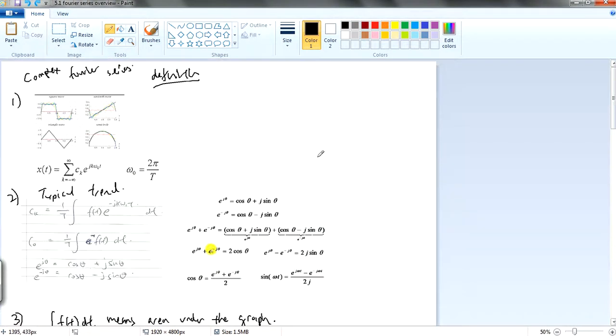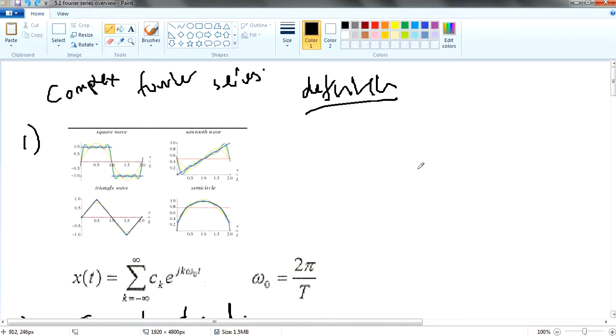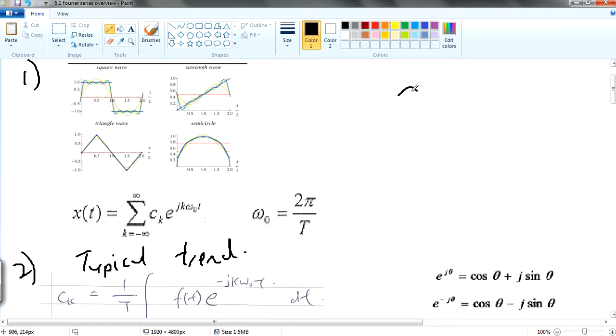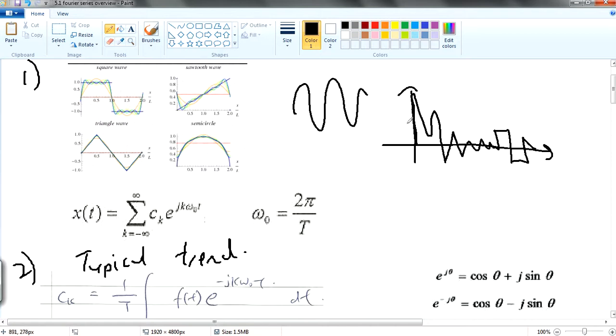Apparently if we have a very weird shape, how do you represent this? Ta-da, right? So apparently one way is to use a lot of sine waves, a lot of sinusoidal waves.